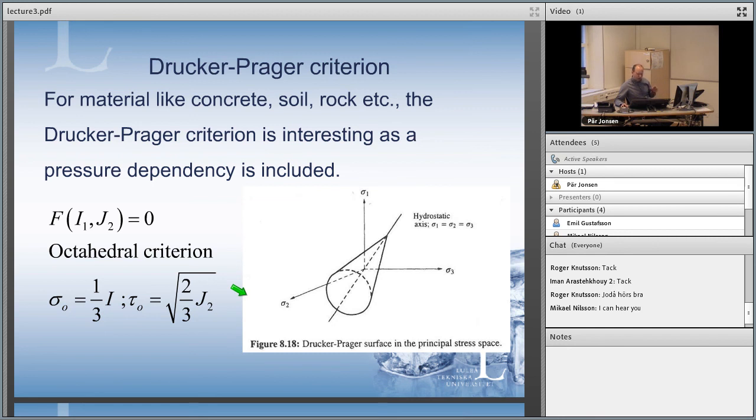The orientation of the cone looks like this. And with an octahedral criterion, you can look at the yielding in different kinds of shearing components and in normal components. Then you can write it with this. It should be I1 here also, with invariants instead.